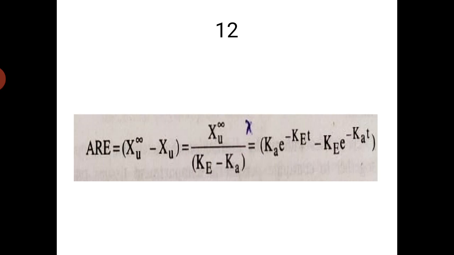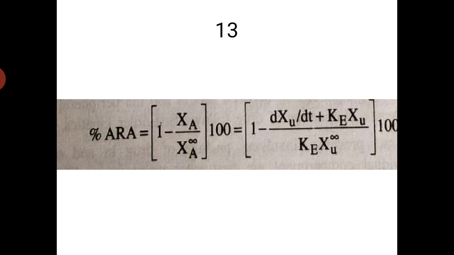Now you can plot a graph of AR against time. You will get a bi-exponential bell-shaped graph, same as for an extravascular. By applying the method of residuals, you can determine the value of Ke as well as Ka.